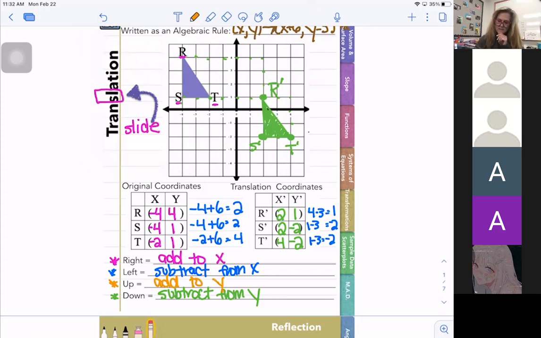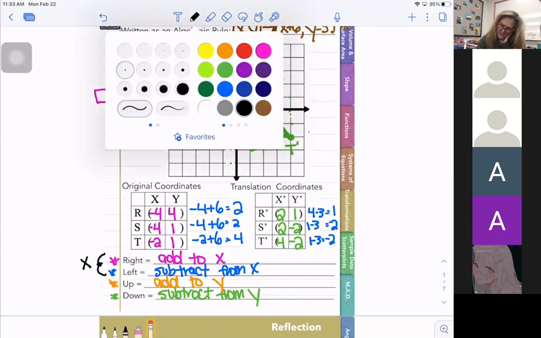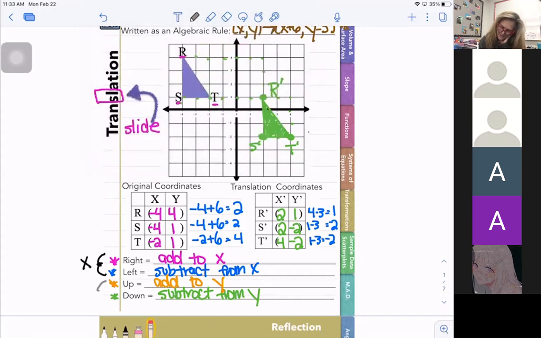So the important things to remember: if I'm moving right and left, I'm dealing with x. And if I'm moving up or down, I'm dealing with y. Think about your graph. When I go across, I'm dealing with x, adding, subtracting. And up and down is always y.